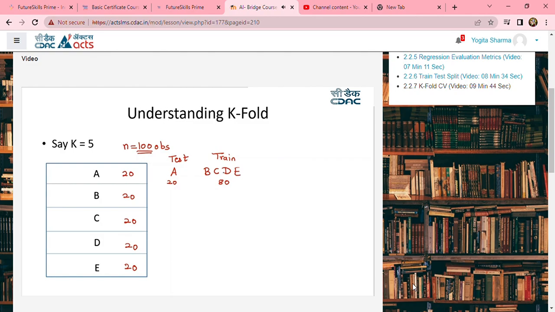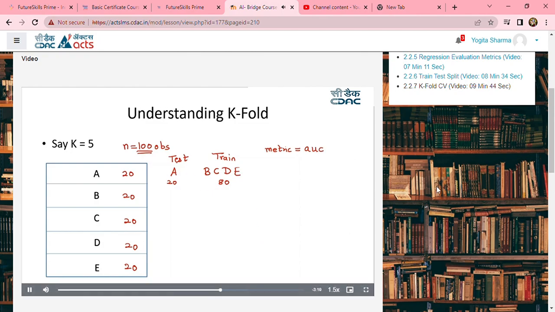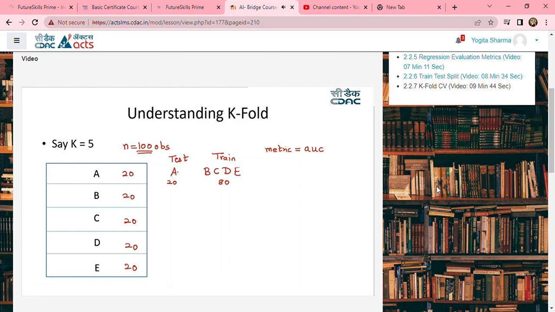Say we have a metric such as area under the curve. So for this fold combination, with fold A being the test set and all others being the train set, we have one particular metric calculated, some area under the curve.